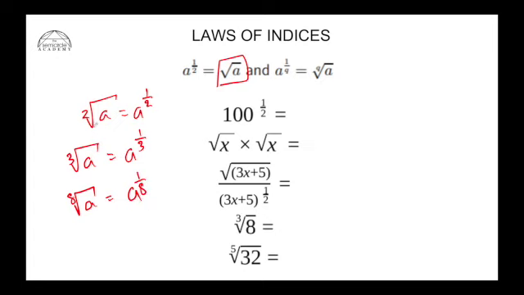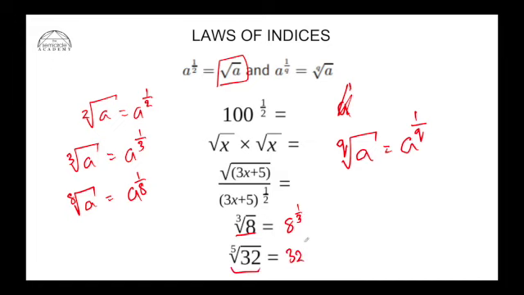So no matter what kind of root you have, the q-th root is a to the power of 1 over q. Right? So all of these things, we proved and we saw. So this cube root is actually 8 to the power of a third. This fifth root here is actually 32 to the power of 1/5. Right?